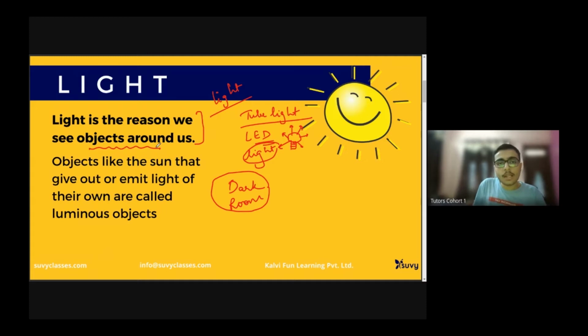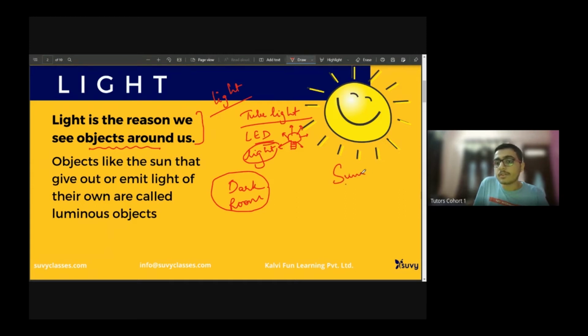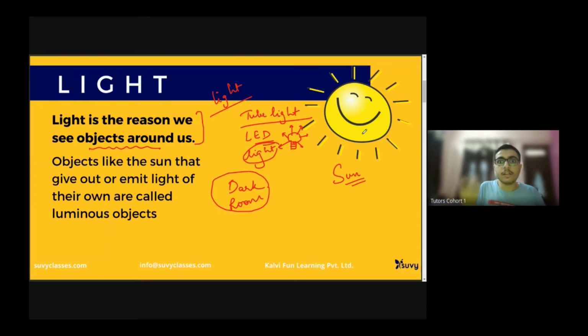If there is no light, we cannot see the objects around us. The sun is the biggest source of light, right? It will never exhaust. The sun is a continuous, infinite source of light. Earth gets light through the sun majorly.